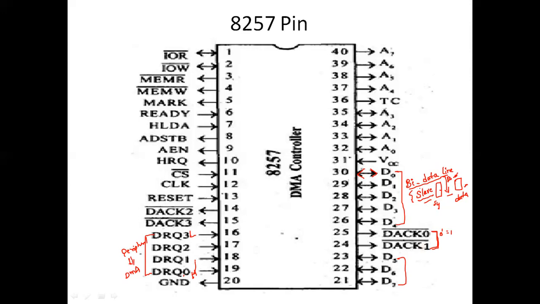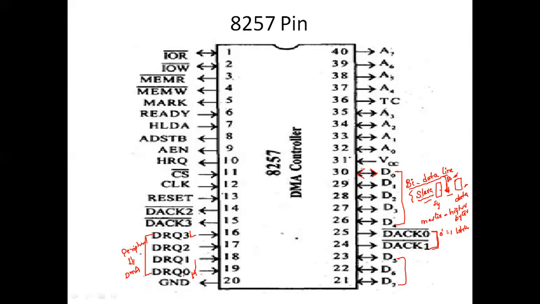What is the master and what is the slave? In slave mode, it acts as an interface between the system bus and the data bus. But when it is in master mode, these lines are used to send the higher byte of the generated address. Master mode in the sense, the higher byte address is sent to the latch.